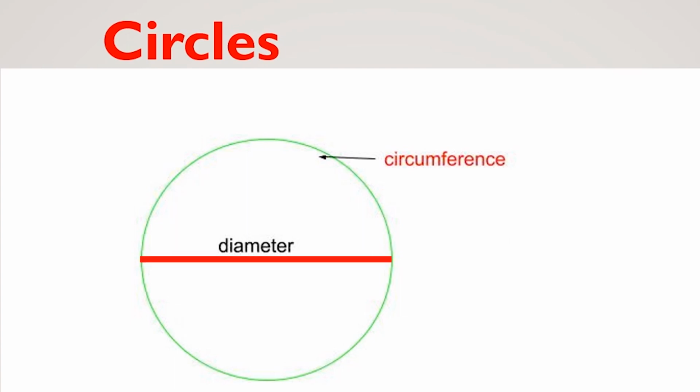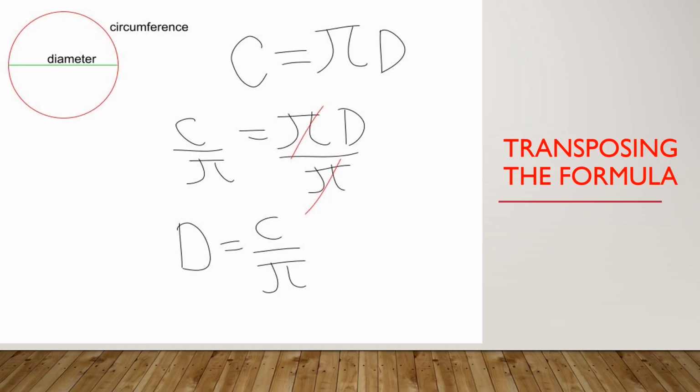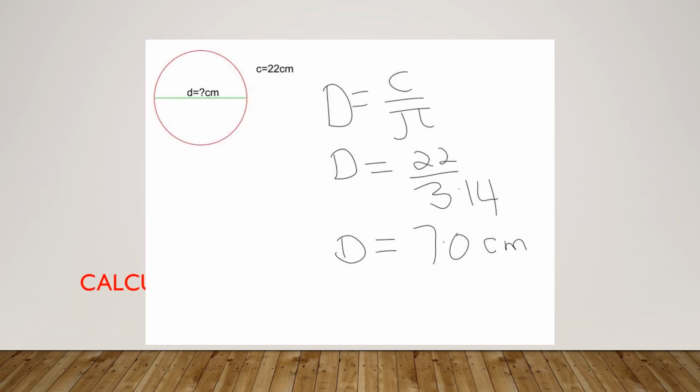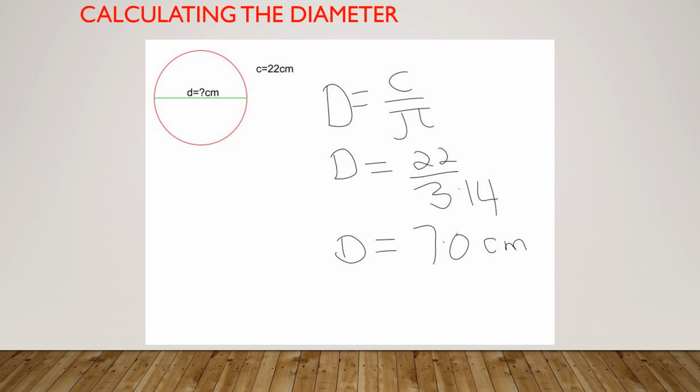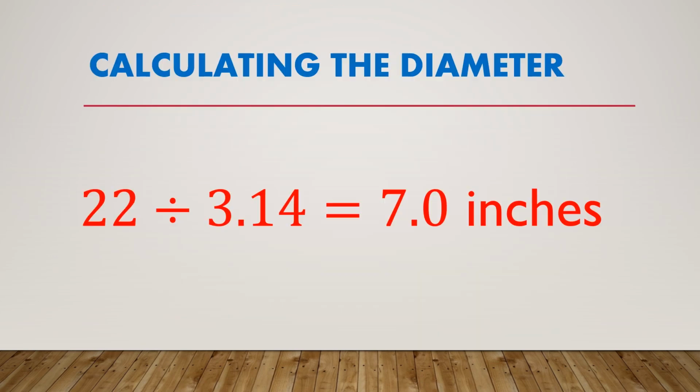So diameter is equal to circumference divided by pi. And since it is Pi Day, we will use 3.14 as the value of pi for this calculation. So 22 divided by 3.14 will give us 7 inches. So the diameter of our circle needs to be 7 inches.